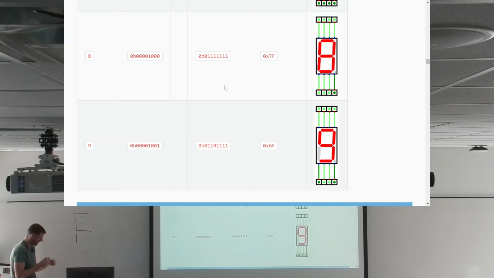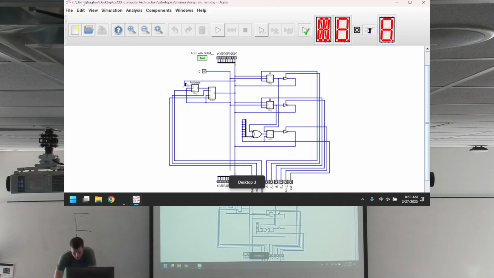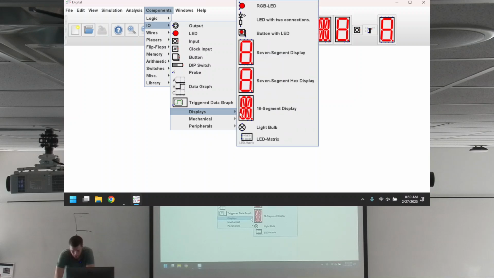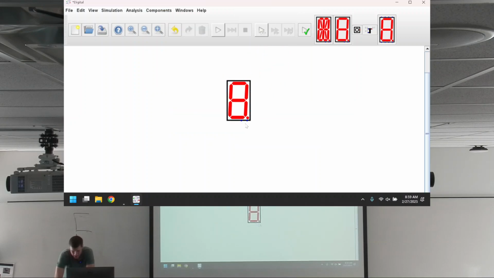In fact, if you go into components, we did this yesterday, I/O displays, you could do a hex display, and that will take a 4-bit number and do the decoding for us.